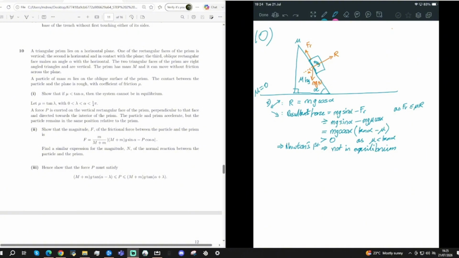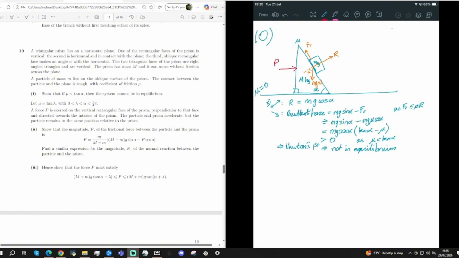A force P is exerted on the vertical rectangular face of the prism, perpendicular to the face, directed towards the interior. So I'm putting a force P here, perpendicular to the face and directed towards the interior.